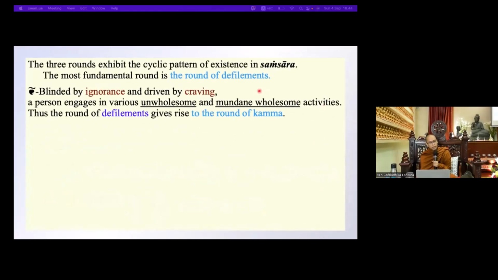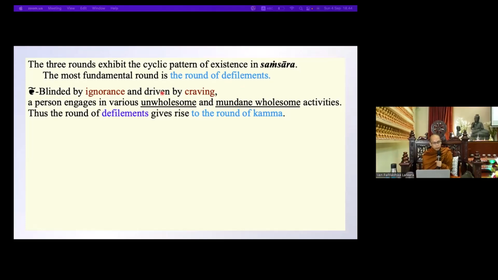Okay, so let's see the connection of the three rounds of samsara vata. As I mentioned, the Kilesa Vata is called the round of defilements. For the samsara process, the round of rebirth, the important Vata is the round of defilements: ignorance, craving, and clinging, upadana.